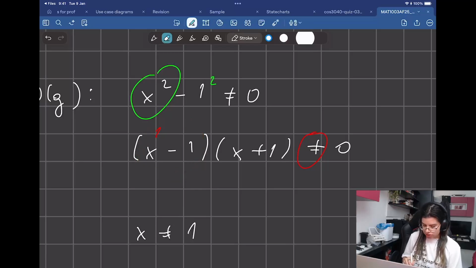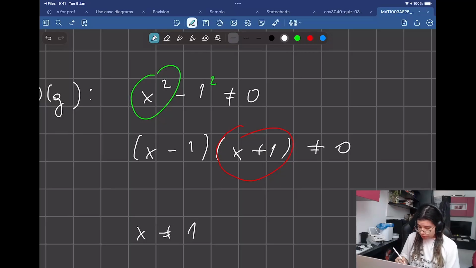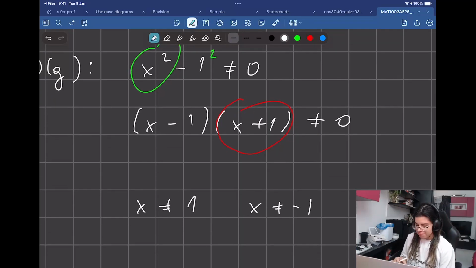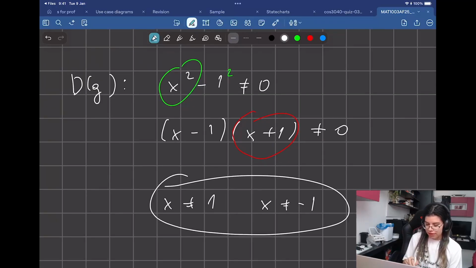Therefore, we insist on x being different from 1. And from the second portion, it follows that x also needs to be different from minus 1. Because minus 1 will trigger a 0, but we don't want a 0. All right, so these are our excluded values, and everything else is within the domain of g.